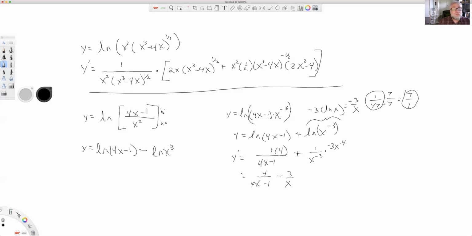That would have been a really smart thing to do, and then we don't have to use the quotient rule. And we could also go one step further, ln of 4x minus 1 minus 3 times ln x. So if we apply the rules of logarithms, these are much, much easier to do. If we don't and we do it the hard way, like I did the first time with the quotient rule, those are all doable. It's just we end up with a really, really ugly expression that we have to try to simplify. So splitting it up into individual logarithms makes this a whole lot easier to do, but not the only way to do it.